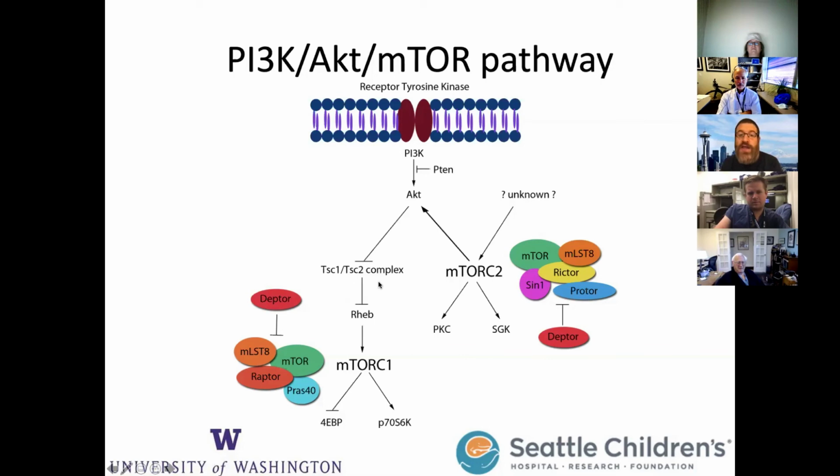There's also the TSC1, TSC2 complex, which also puts the brakes on this pathway. But the end effector of this pathway is mTOR, and it forms two different complexes called complex 1 and complex 2. And these are the effector complexes that carry out a wide variety of cellular functions, a wide variety of cellular changes, which I'll show you.